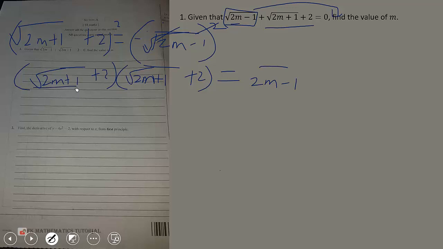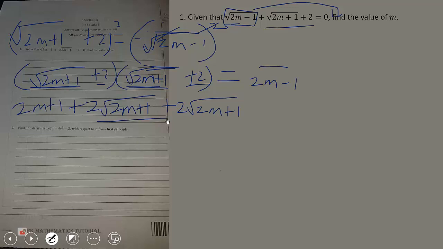Now we are going to multiply this by this. Remember that root a times root a is equal to a. So we'll get 2m plus 1, because root 2m plus 1 times root 2m plus 1 should give you 2m plus 1. Then we multiply this by this, which gives plus 2 times root 2m plus 1. Then we multiply this by this, plus another 2 root 2m plus 1.